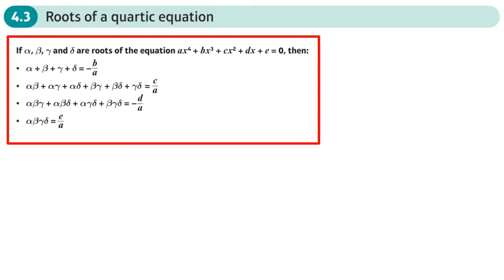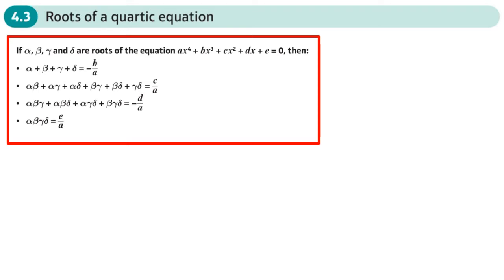This is the third section on roots of polynomials, and here we're looking at the roots of a quartic equation. Just like previously, we've got these rules which link the roots to the coefficients of x, and we can see that the sum of all of the roots.